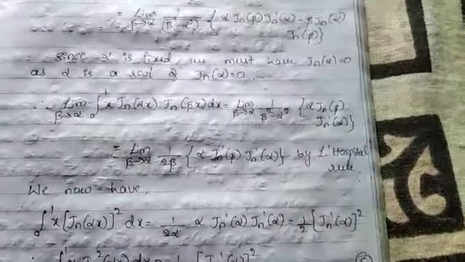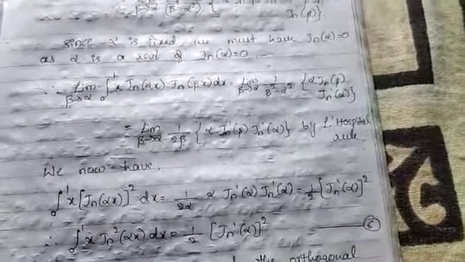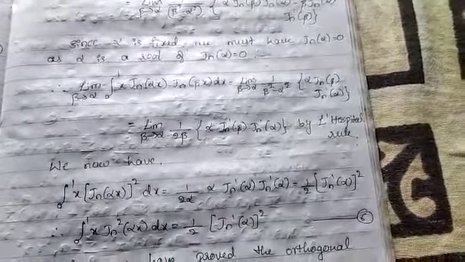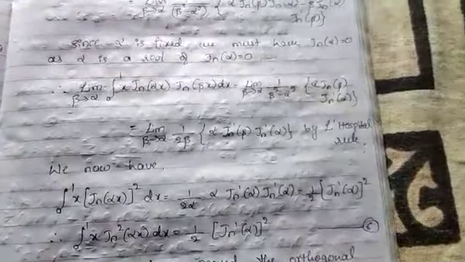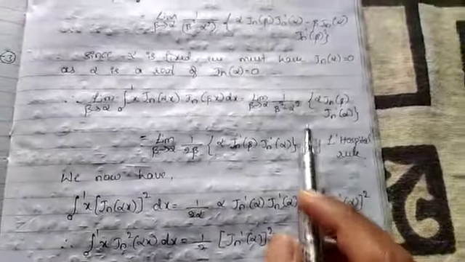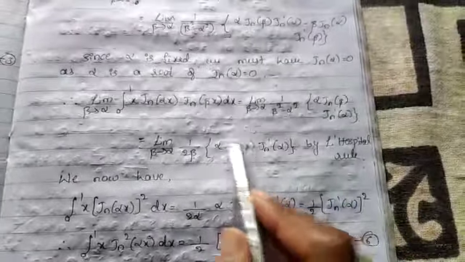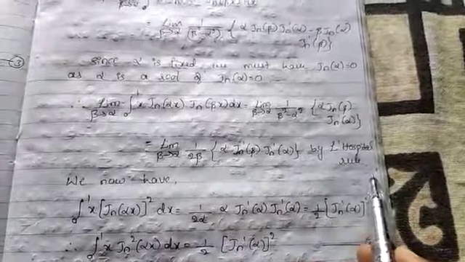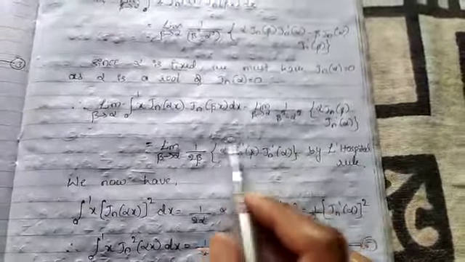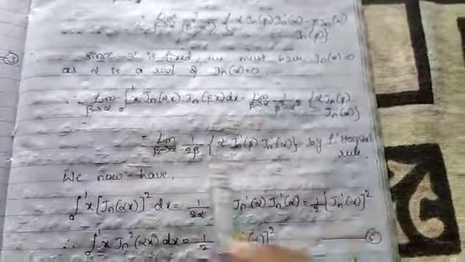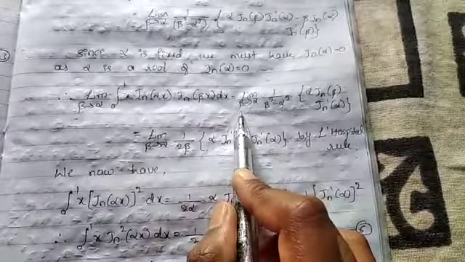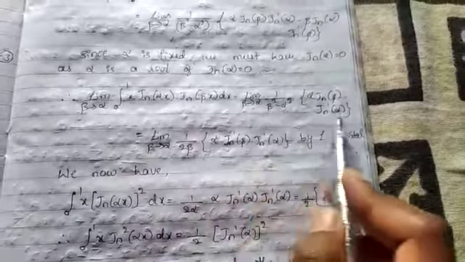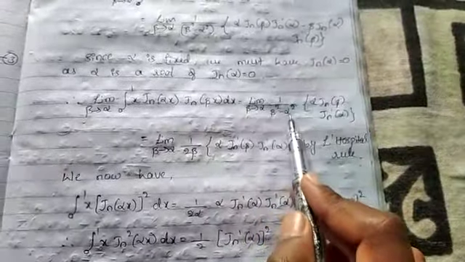Then applying L'Hospital rule, which means differentiating the numerator and denominator separately. In the denominator we have beta square minus alpha square.